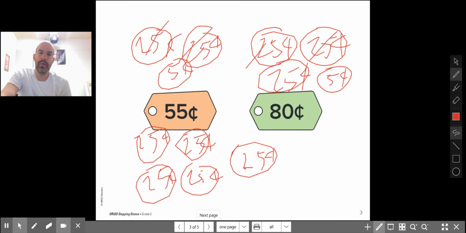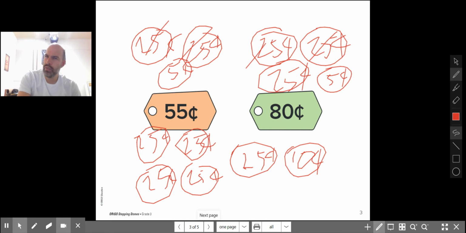And then can we combine those 2 nickels to equal 1 dime? You bet we can. So what did we say the 4 quarters equal? $1. Good job. So 4 quarters, which is $1. So $1 and then 25 and 10 is 35. So $1.35.